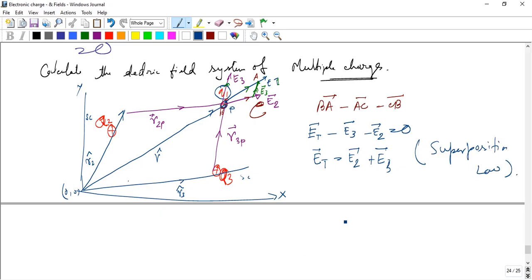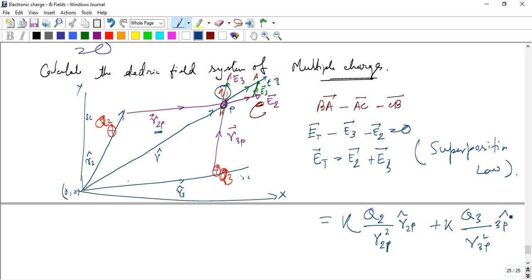E2 is K Q2, the source charge, divided by R2P squared, times R2P cap. E3 is K Q3, the source charge, divided by R3P squared, times R3P cap.